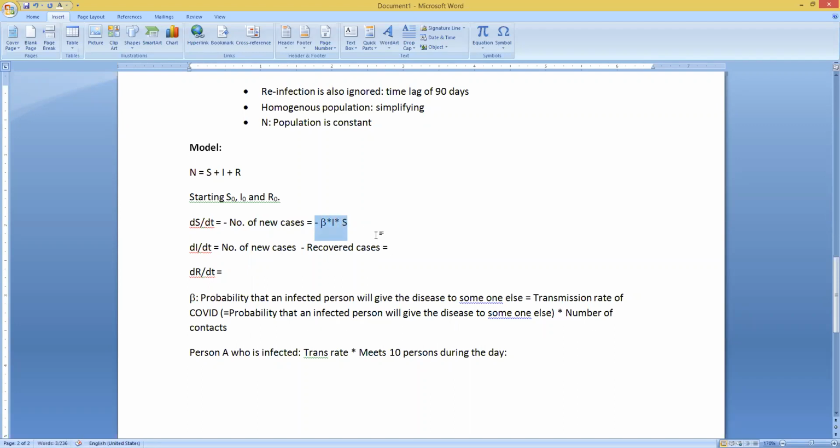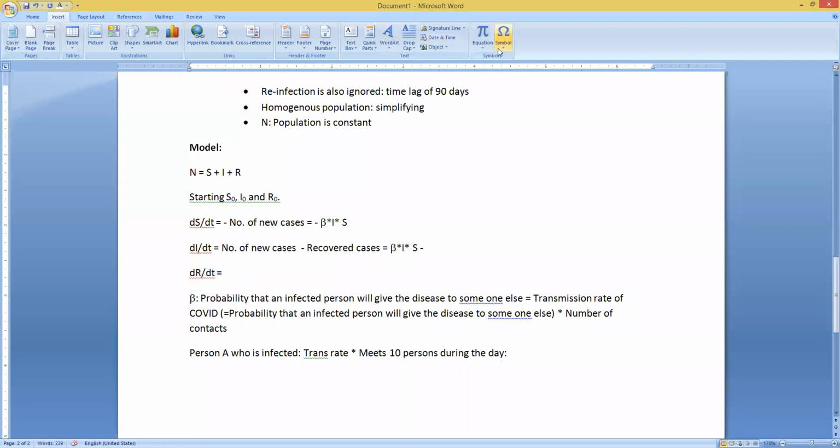Now the number of new cases is simply this. You don't need the minus because infected cases are going to go up. Then you'll have to subtract the number of recovered cases.